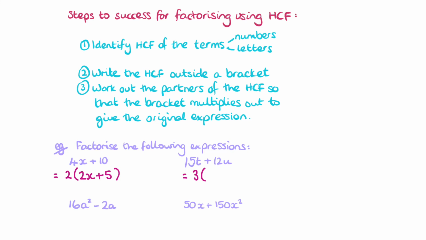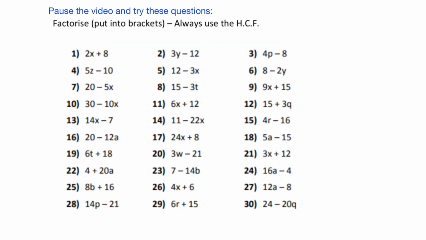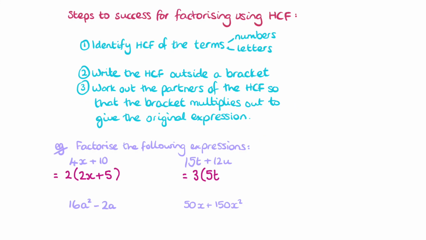Well, 3 times 5 is 15, and we need the t. Then 3 times what is 12u? Sorry, I skipped a page there. And 3 times 4 is 12, and we need a u as well. And again, everything's positive, so we need a plus in the middle.